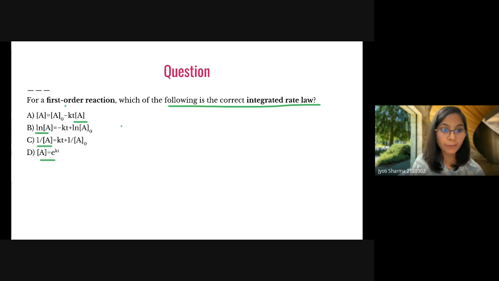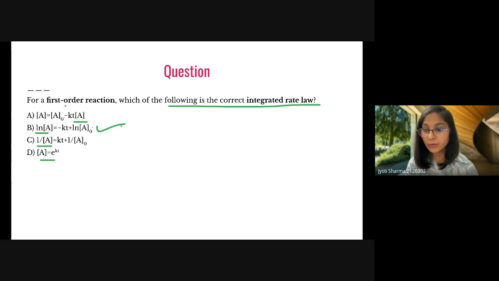Sonia gave me answer B, this one. Anyone else who wants to give me the answer for this? I will derive this equation as well for you so that you have in mind the integrated rate law for zero order, first order, and second order.